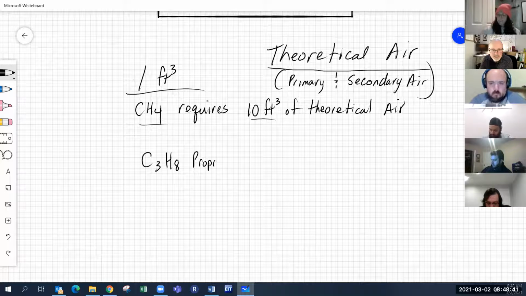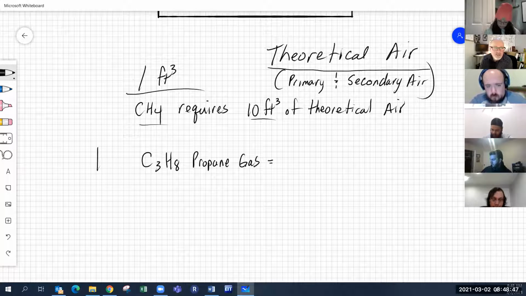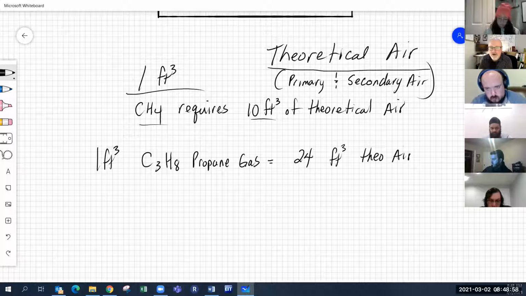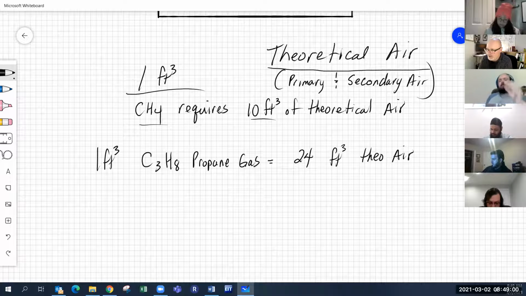I want to make sure that we're talking about gas. 1 cubic foot of propane gas requires 24 cubic feet of theoretical air.